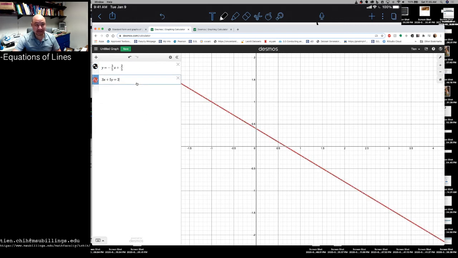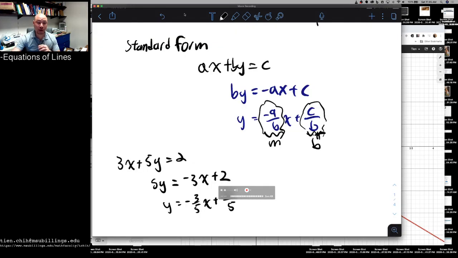And we have that these are in fact described in the same line. So those are two of our regularly occurring forms for linear functions.